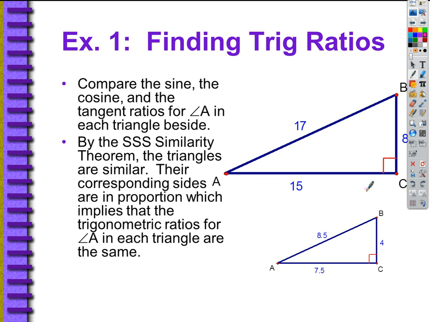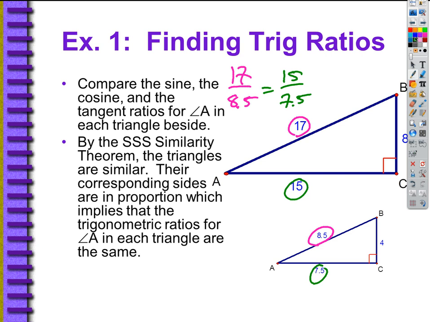In other words, if we color code these, the ratio of the pink ones, 17 over 8.5, equals the ratio of the blue ones, 8 over 4. Everybody agree? What's that ratio? In each case, what does it simplify to? 2 over 1, so 2 to 1. So they are similar.